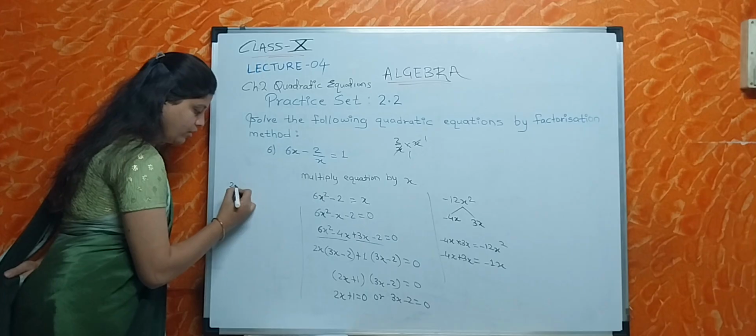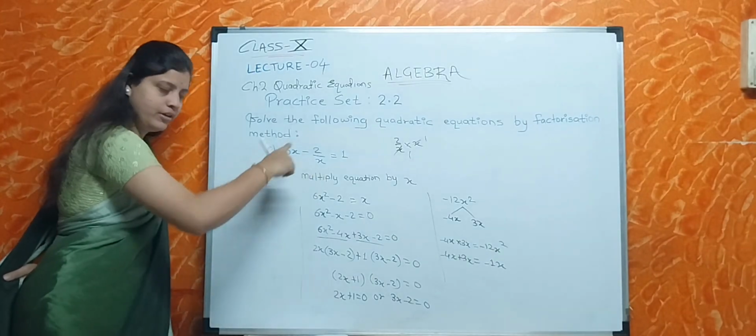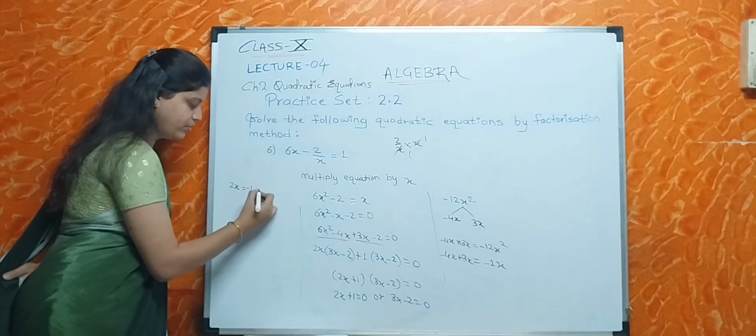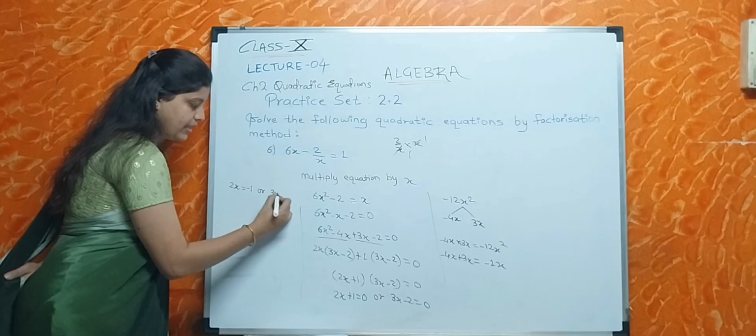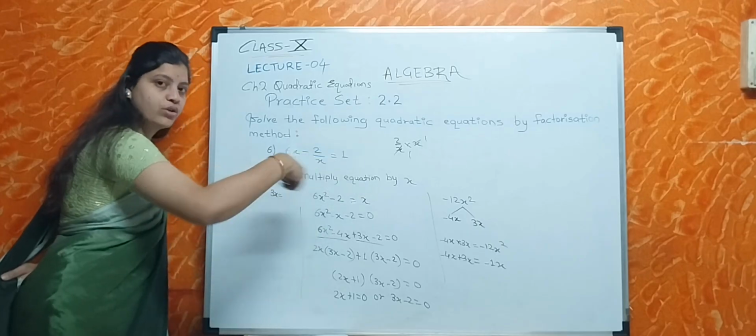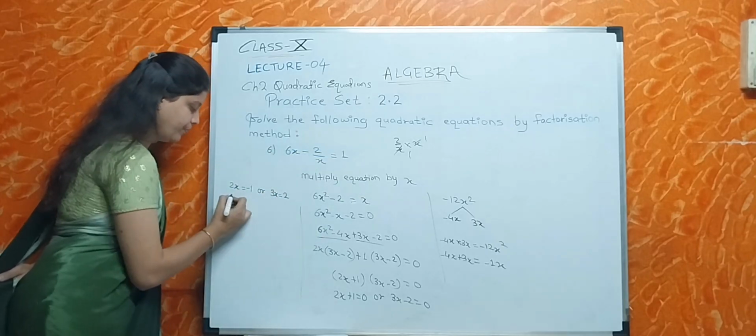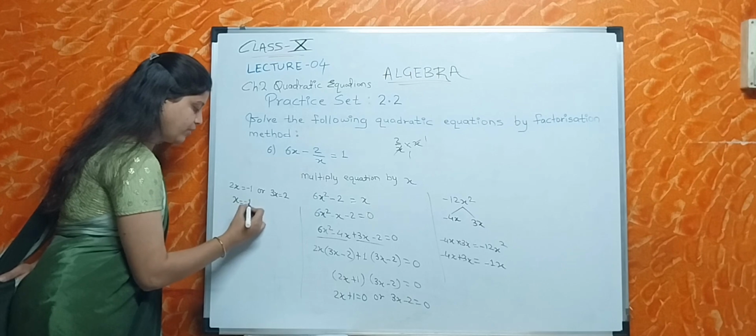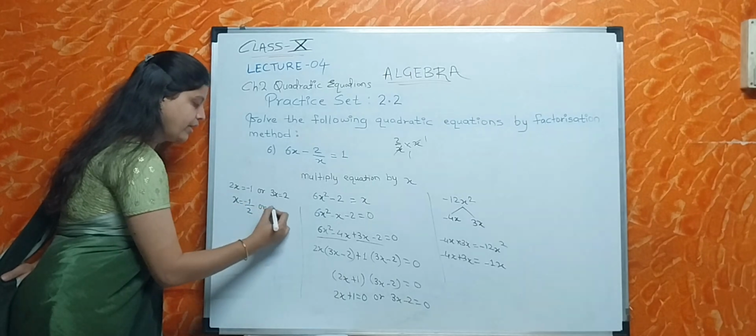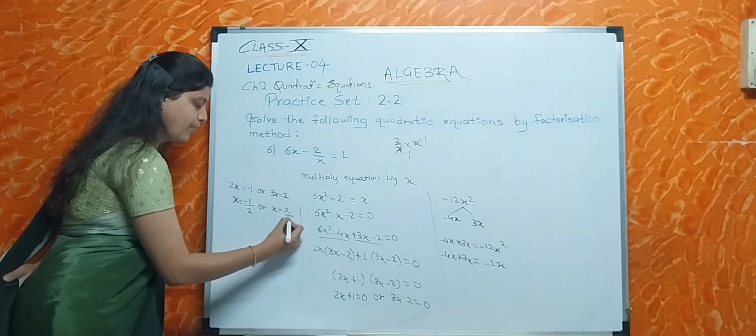That is, 2x is equal to this plus 1, it will go and become minus 1, or 3x is equal to this minus 2, when it goes to the right hand side it becomes plus 2. So x is equal to minus 1 upon 2, or x is equal to 2 upon 3.